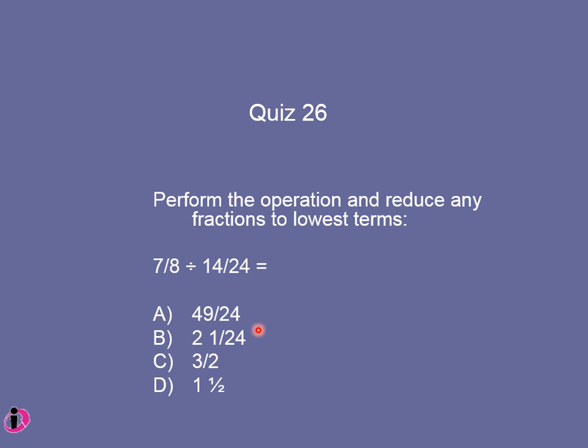So you do the division, you start with 7 over 8, and then you put a multiplication sign, and you flip the second number to 24 over 14, right? Now, a lot of times people do it like this. Instead of multiplying, they try to see whether they get a factor here, and then cancel out, and at the last they multiply. That's another way of doing it.